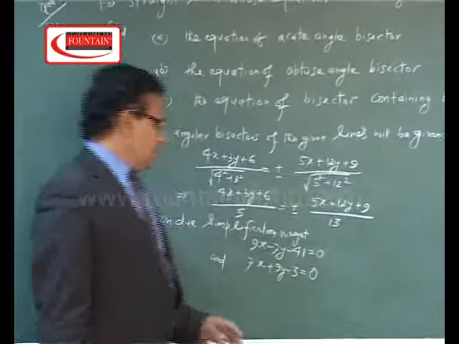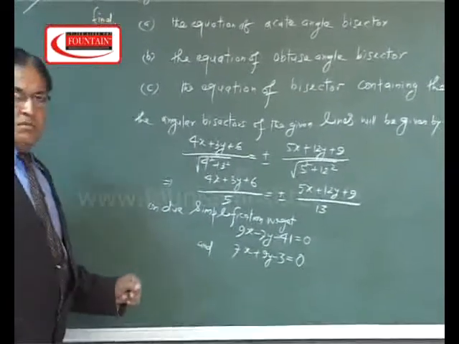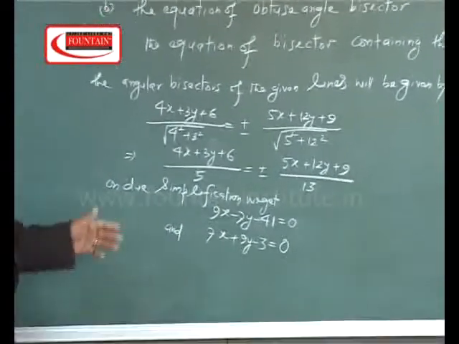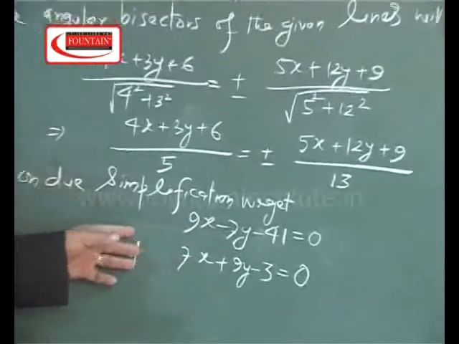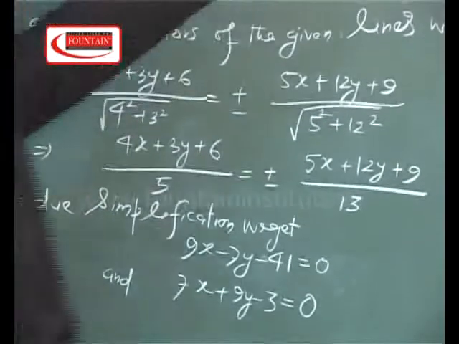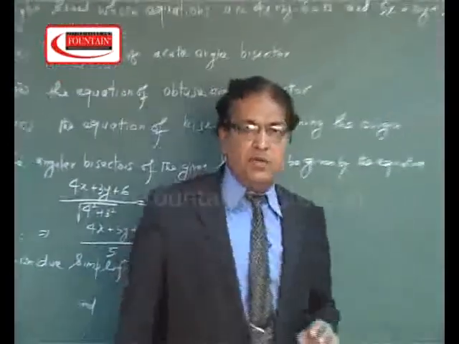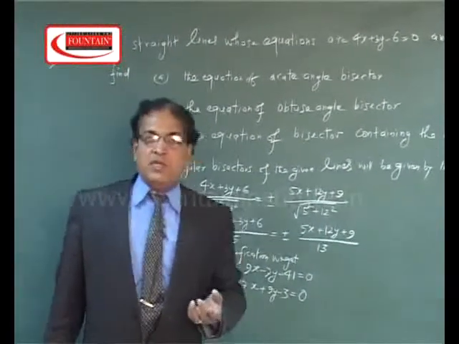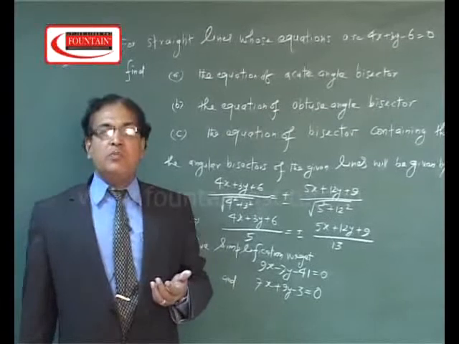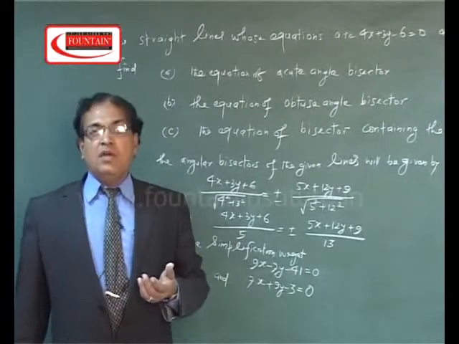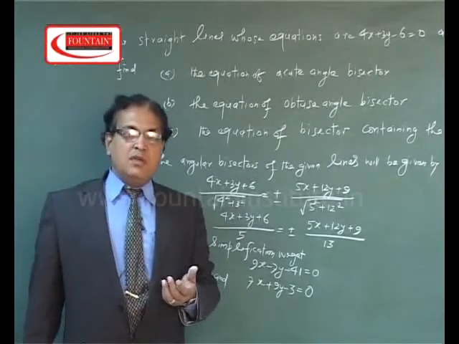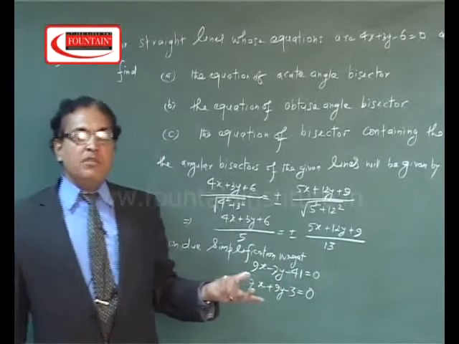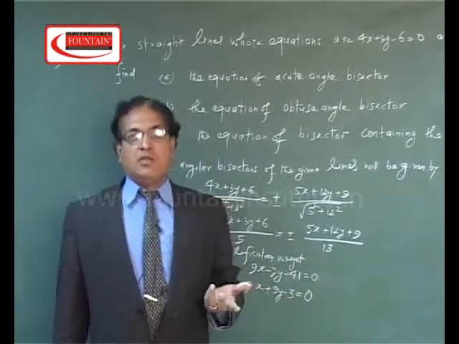For this, we take one of the bisectors and determine the angle between it and one of the given lines. If it is found to be obtuse, then the bisector under consideration will be the obtuse angle bisector, and in this case definitely the other bisector will be the acute angle bisector.